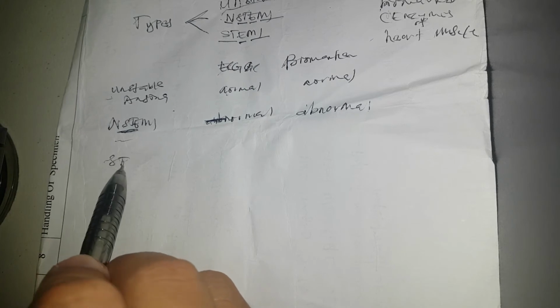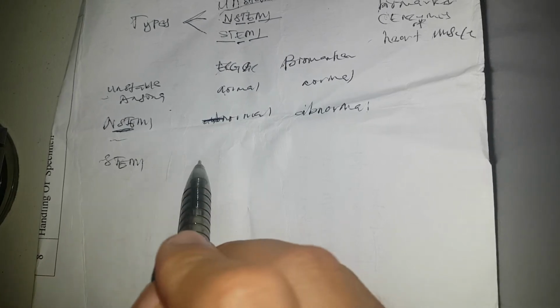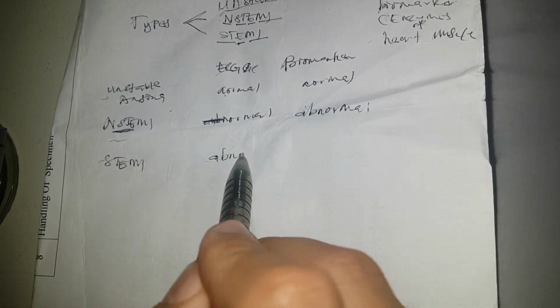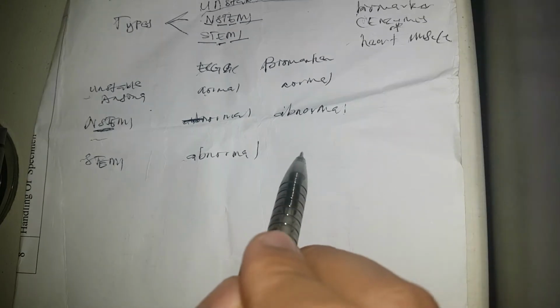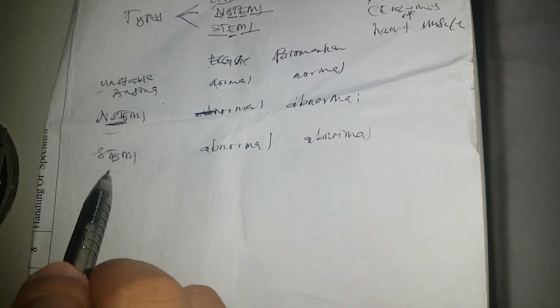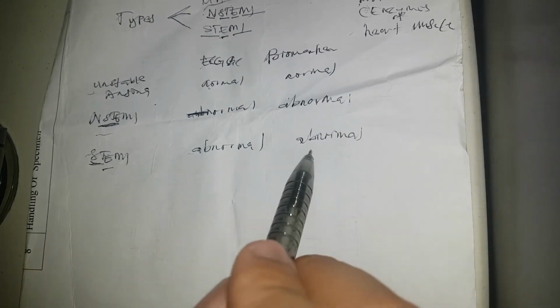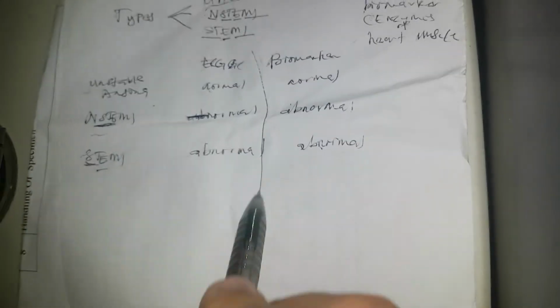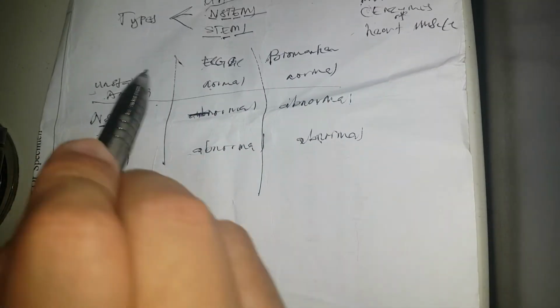STEMI, from the word STEMI, ST means ST elevation, so both are abnormal: ST elevations and also abnormal in biomarker. This is like a table here.